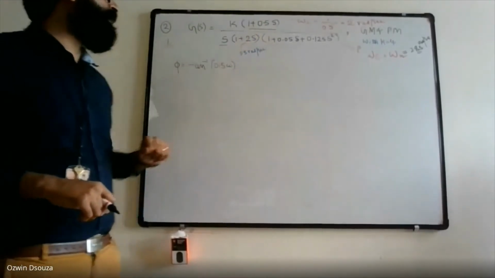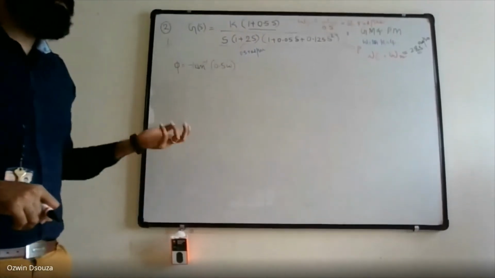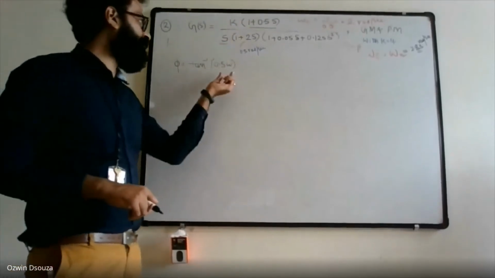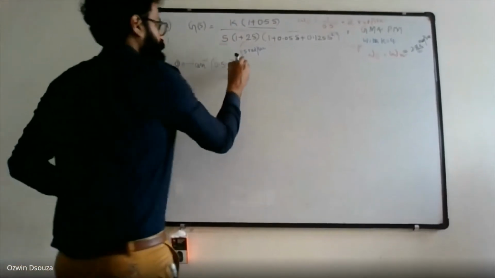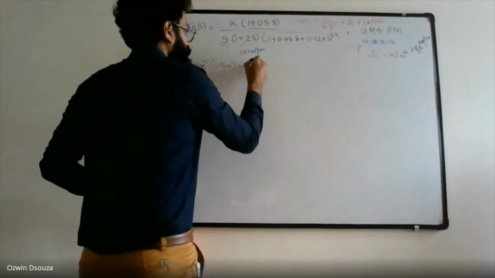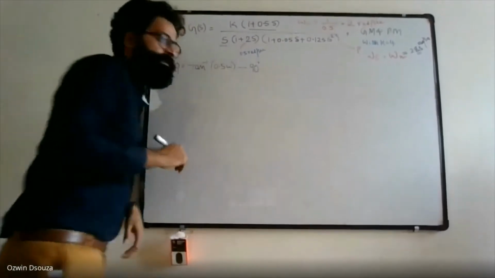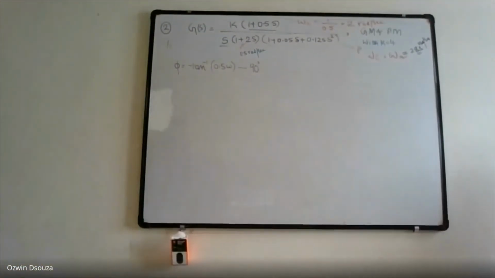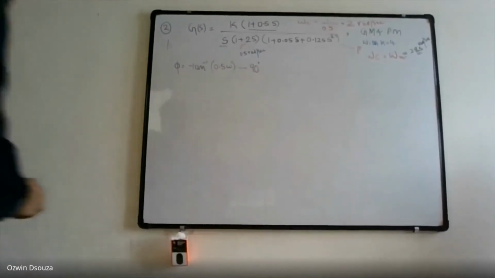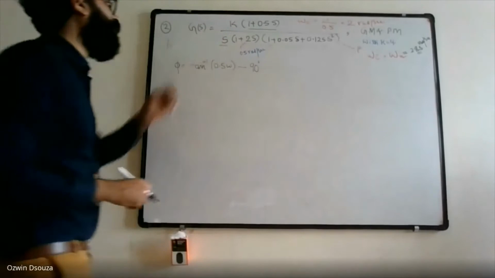0.5 omega is the imaginary part and the real part is 1. So imaginary by real will give you 0.5 omega. Minus 90 degree: the tan inverse of omega by 0 gives minus 90. Minus 90 is due to the pole angles.